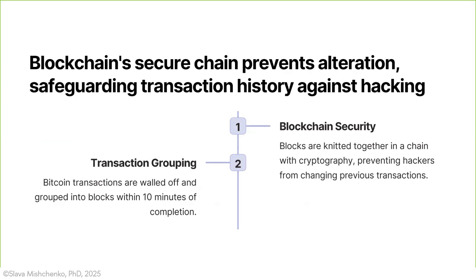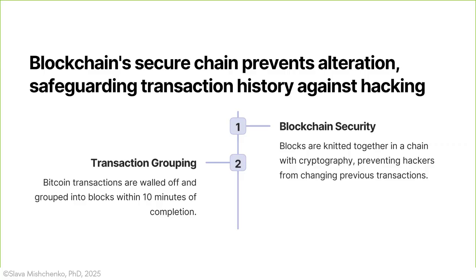And what is particularly elegant about this system is how it creates what we call immutability, in other words, the inability to change historical records. You can see each block contains a cryptographic reference to the previous block, creating an unbreakable chain.